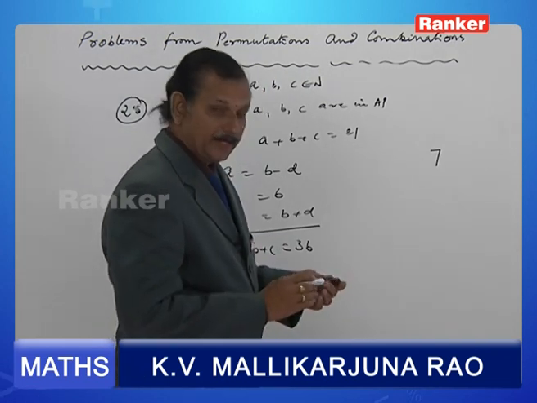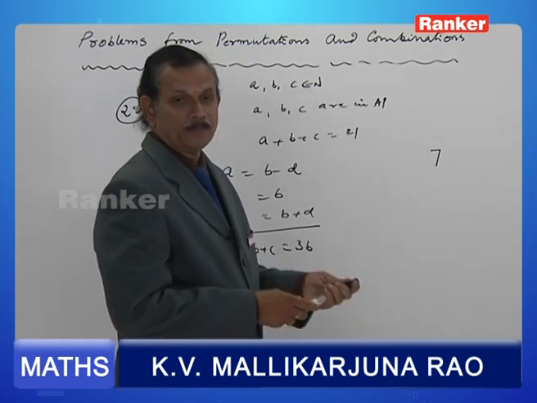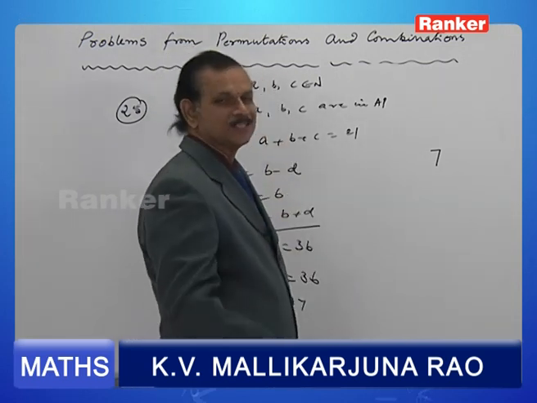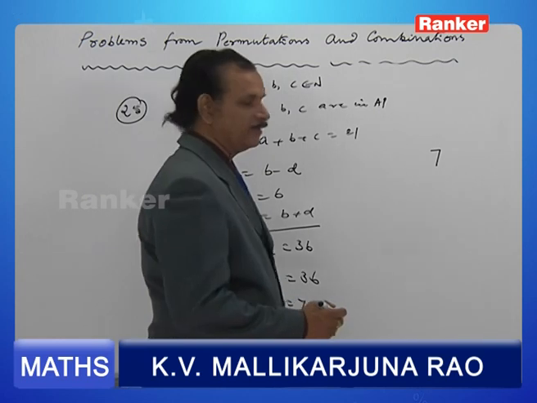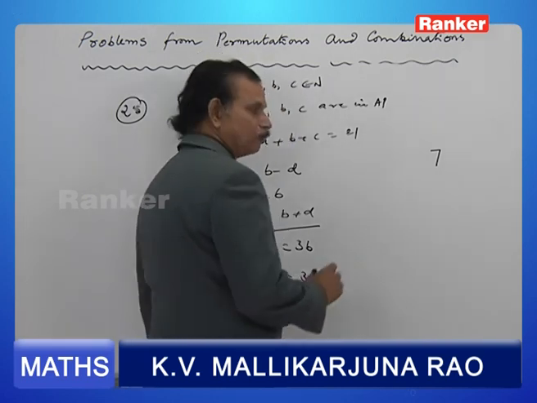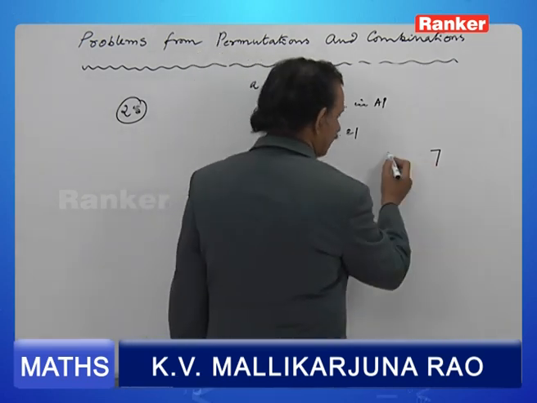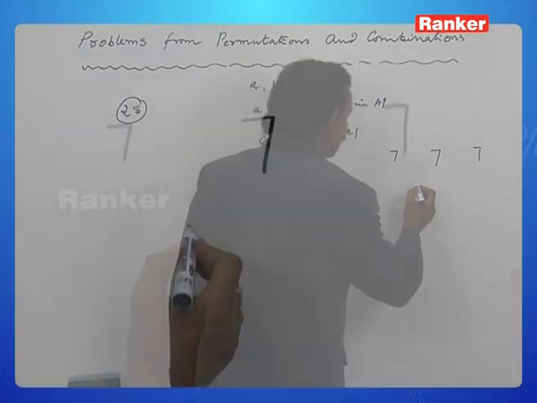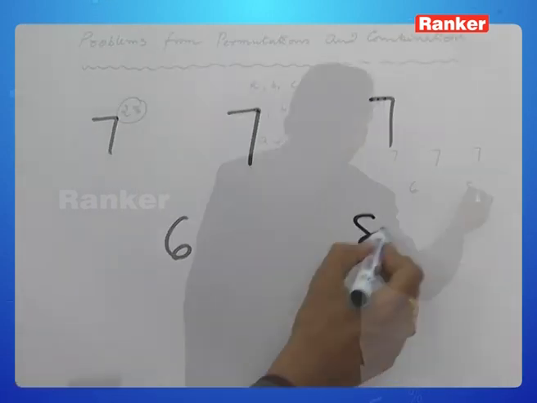One more thing, A, B, C are all natural numbers. Therefore, the difference in this AP must also be an integer. Well, take the difference to be 0. Then 7, 7, 7. This is one triplet. If the difference is 1, 6, 7, 8.